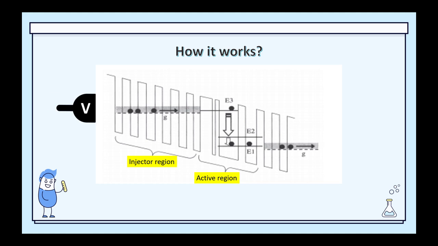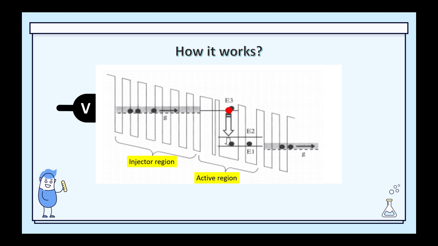Then, electron is injected into the miniband of the E3 energy level of the injector region as follows. Step 2. The electron entering in this way moves through the superlattice of the injector region to the E3 energy level in the active region by the resonant tunneling effect described above.